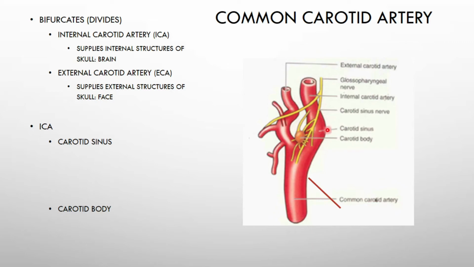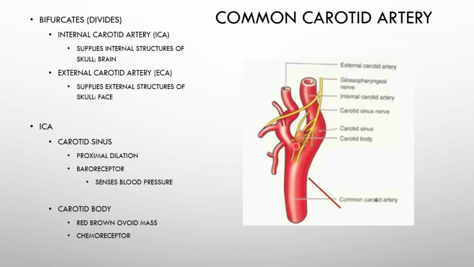And located right next to the carotid sinus, or this bulge in the internal carotid artery, we have what's known as the carotid body. And essentially these two structures have baroreceptors and chemoreceptors located within them that are going to detect changes in blood pressure and varying levels of oxygen within your blood.